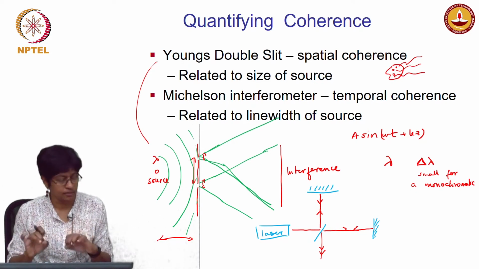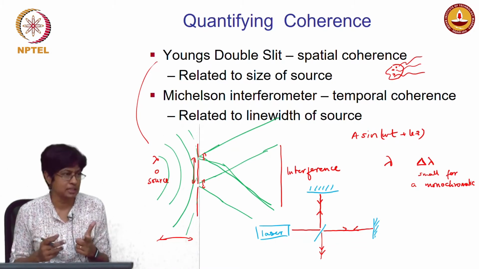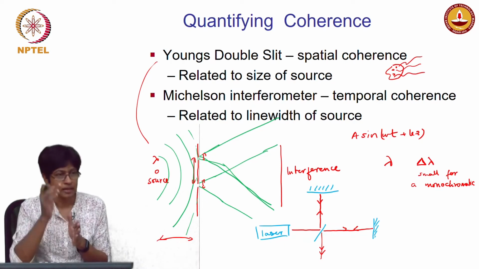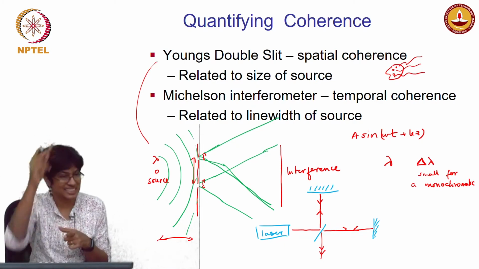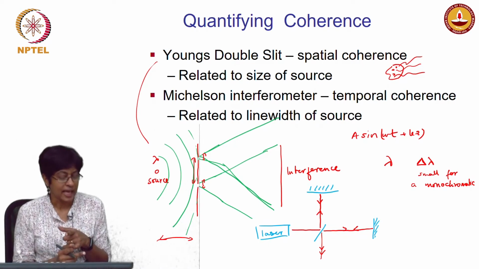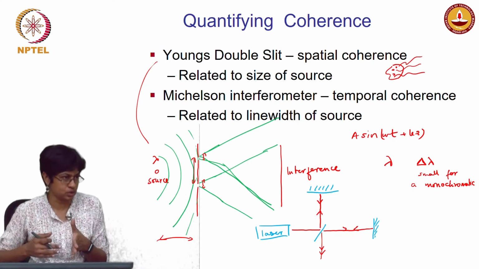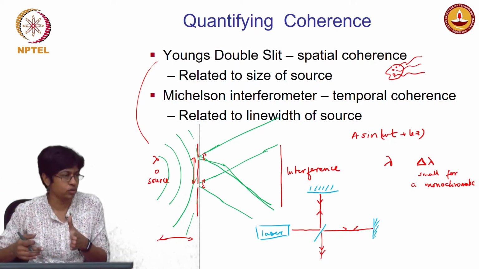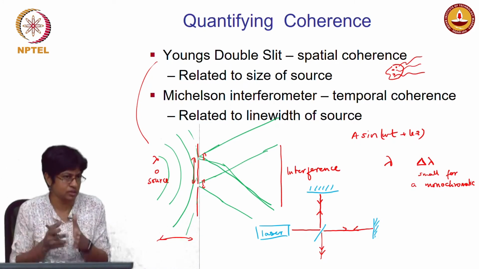What's the point or the difference between this and the Young's double slit? In the Young's double slit, the slits ensured that you made two sources out of the same wavefront. And then you looked at the interference pattern of the two waves coming from these sources. And therefore, that interference pattern would tell you about the spatial coherence of the source.